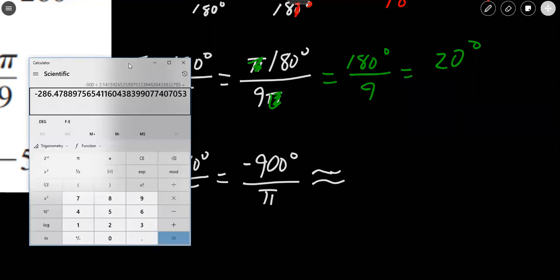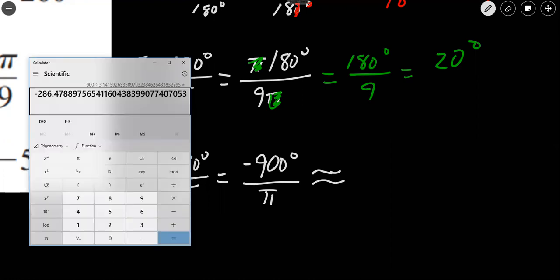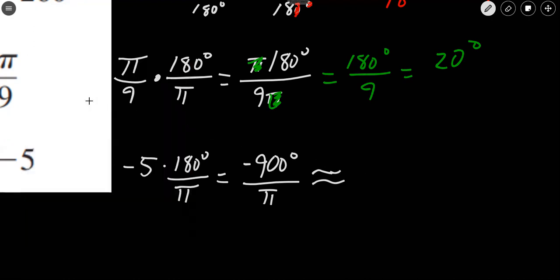So I could round this to, if I'm doing degree measure, probably 1/100 of a degree is fine. If I want to get really specific, I could go to 1,000th. So let's do that. Negative 286.479. I'm going to round it because the fourth decimal place is an 8, so that's going to round up to 9. So I'm going to get negative 286.479. Whoa.